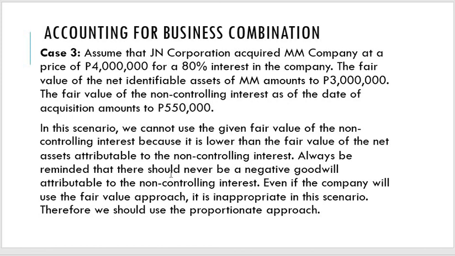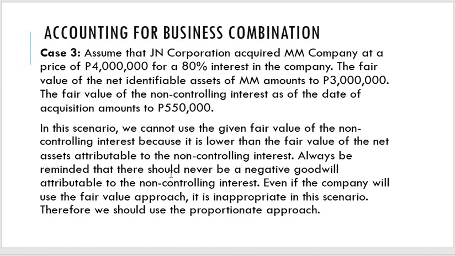So, that's still the same illustration as before, it's just that the fair value of the non-controlling interest, instead of 650,000, became 550,000. In this scenario, we cannot use the given fair value of non-controlling interest because it is lower than the fair value of the net assets attributable to non-controlling interest, which is 600,000.